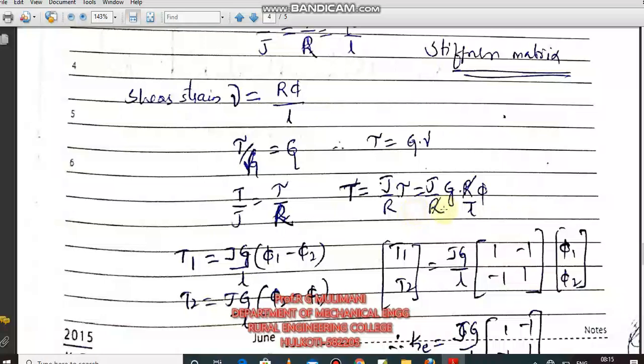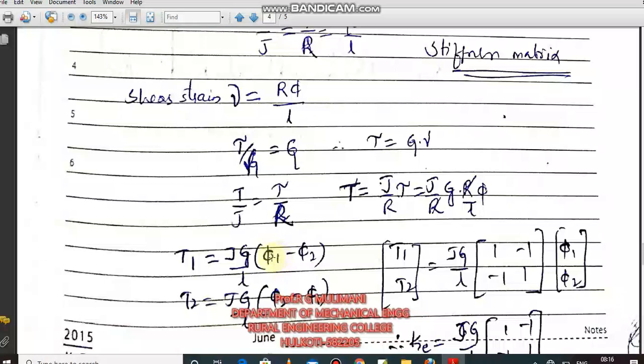Let us apply this equation to node 1. The torque at node 1 is JG by L into phi 1 minus phi 2, where phi is the angle of twist.